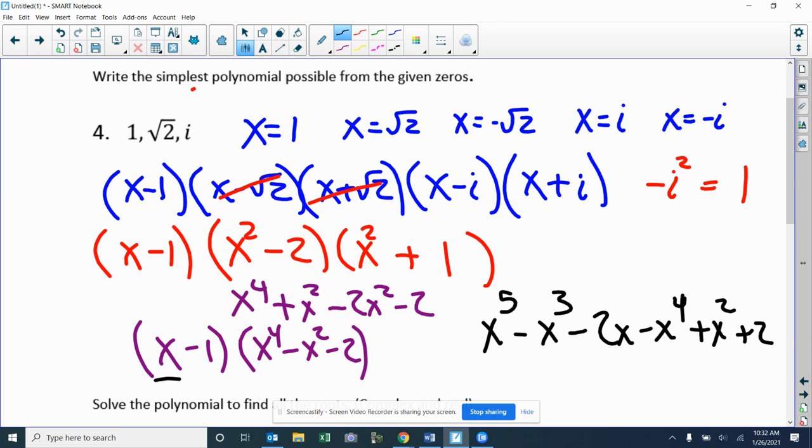Getting closer. Standard form, x to the 5th minus x to the 4th minus x cubed plus x squared minus 2x plus 2. Take your time and make sure you get through that guy.